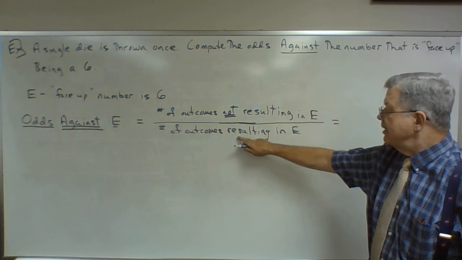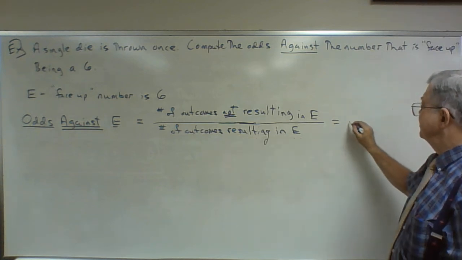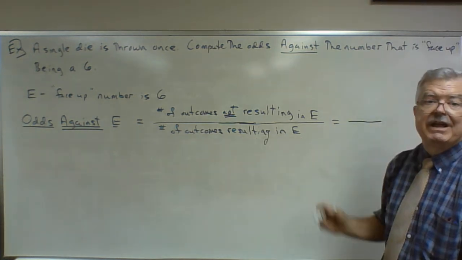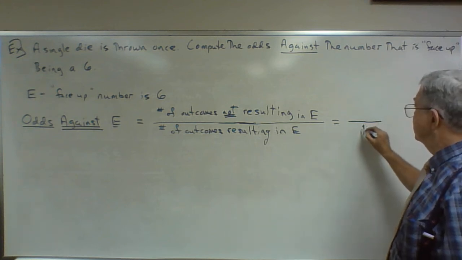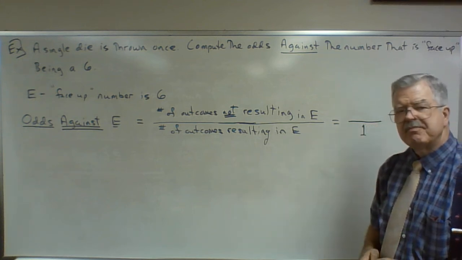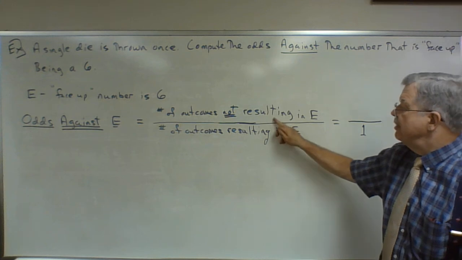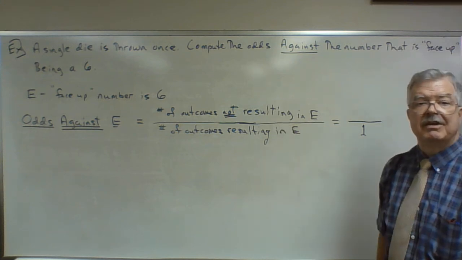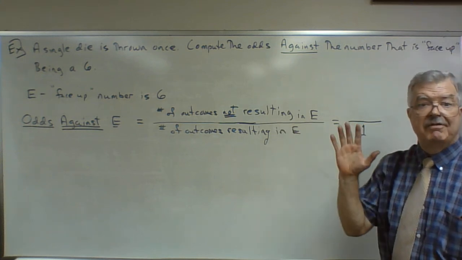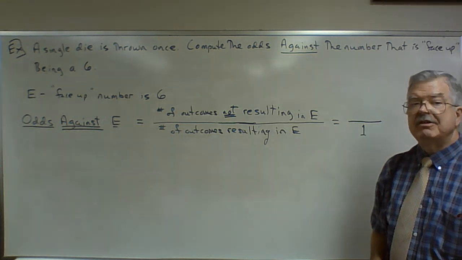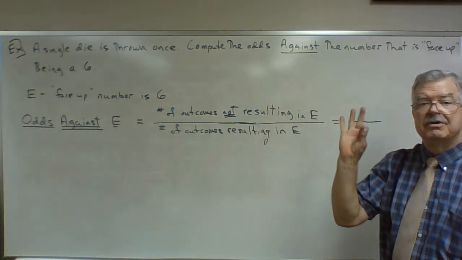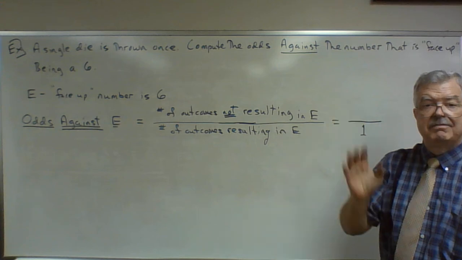There's one outcome resulting in getting a 6. We get a 6. So there's one outcome that gives us a 6. How many outcomes don't result in getting a 6? 5. If we don't get a 6, we either get a 1, a 2, a 3, a 4, or a 5.